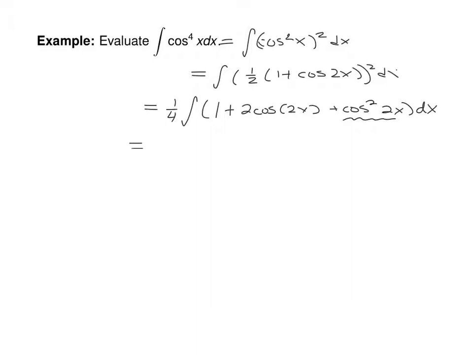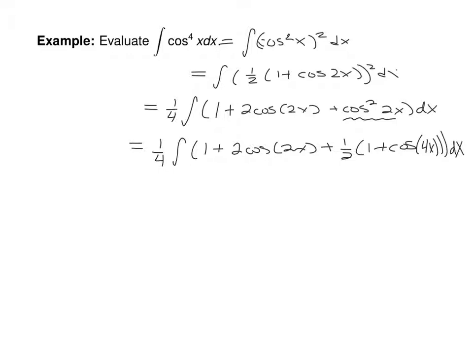So we have a quarter, integral 1 plus 2 cosine of 2x plus 1/2 times the quantity 1 plus cosine, and the angle doubles to 4x. Close parenthesis, close parenthesis, close parenthesis, dx. A lot of parentheses there.